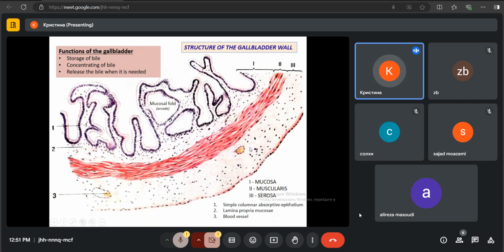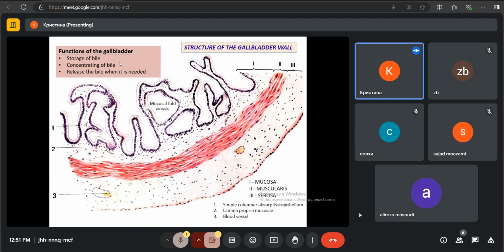And the outer layer, as I said previously, is serosa or adventitia. For storage of bile, the wall of the gallbladder has the ability to stretch because of the presence of smooth muscle cells.